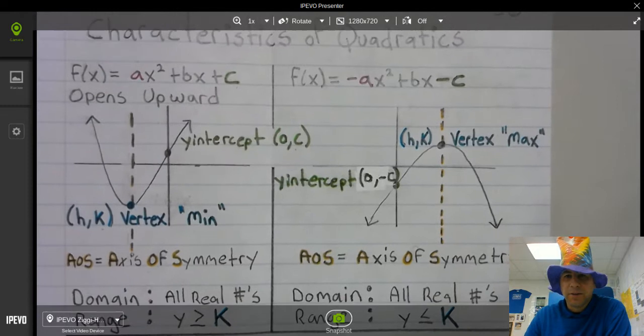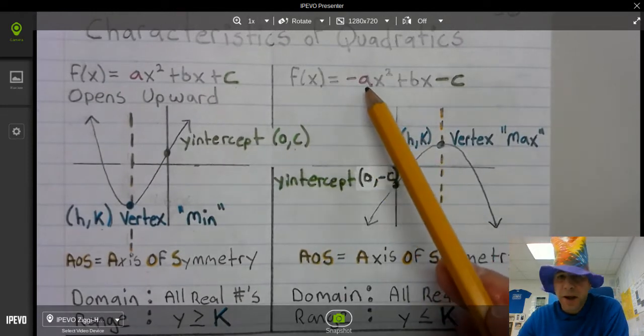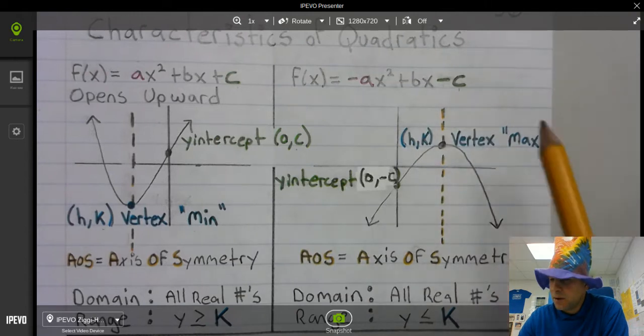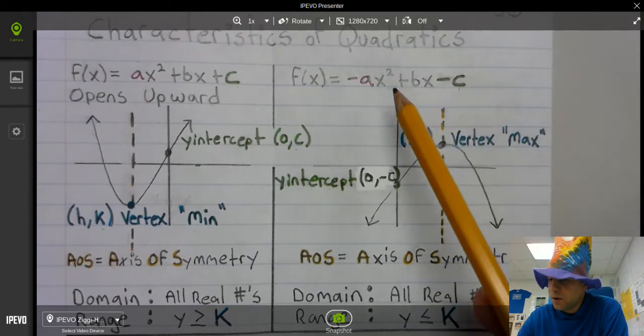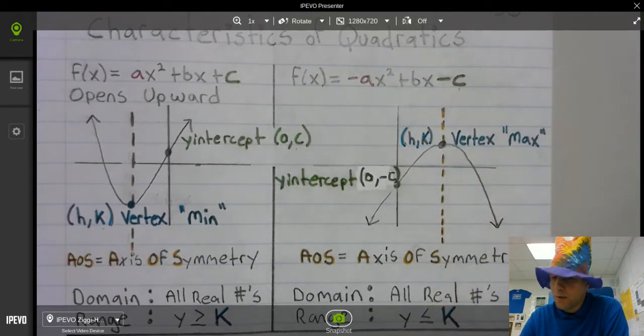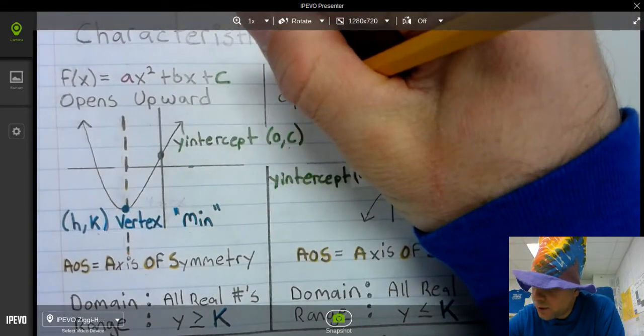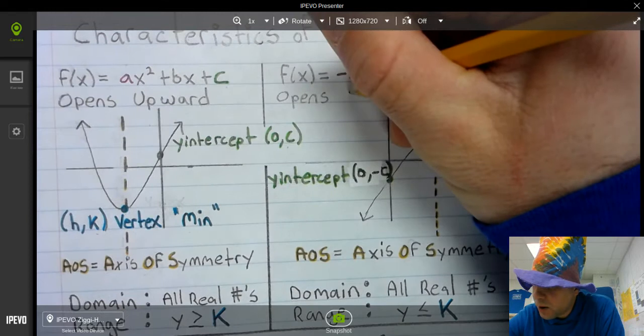Now, in this case, when you have f of x equals negative ax squared plus bx minus c, the graph opens downward. I forgot to write that, so let's write that now. Opens downward.